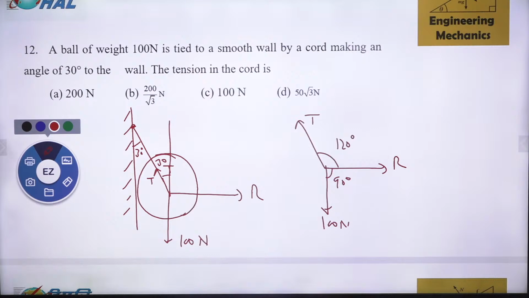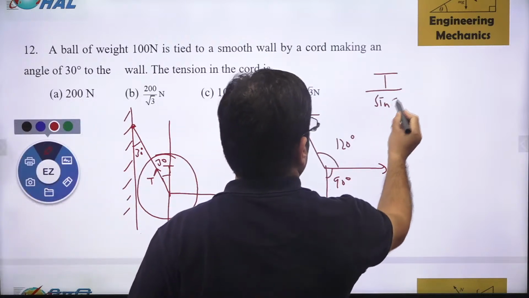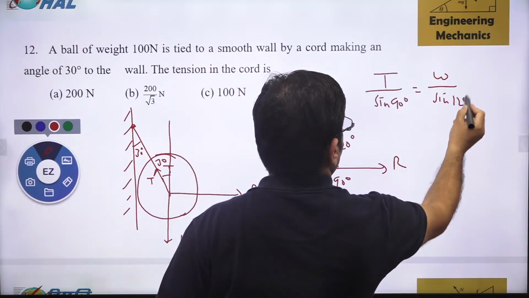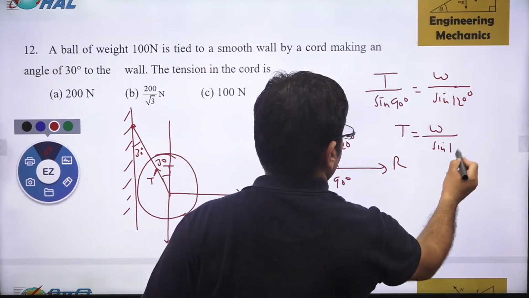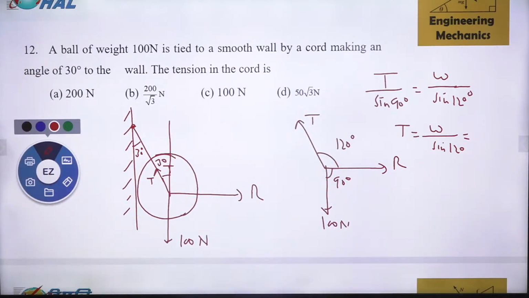So let's calculate the formula between tension and W. T over sine of 90 degree is equal to W over sine of 120 degree. So T is W over sine 120. Sine 120 is sine of 90 plus 30, which is cos 30.